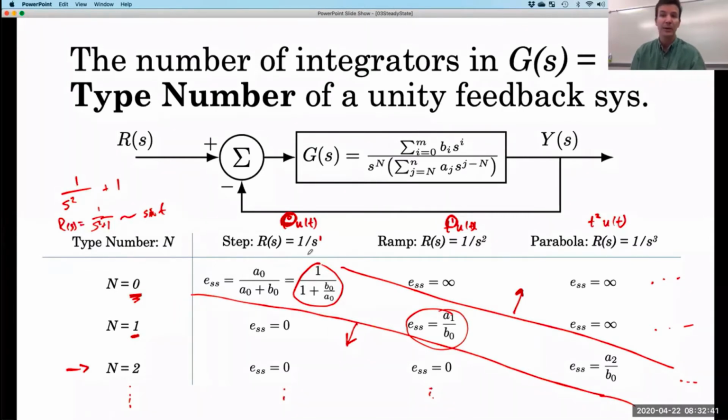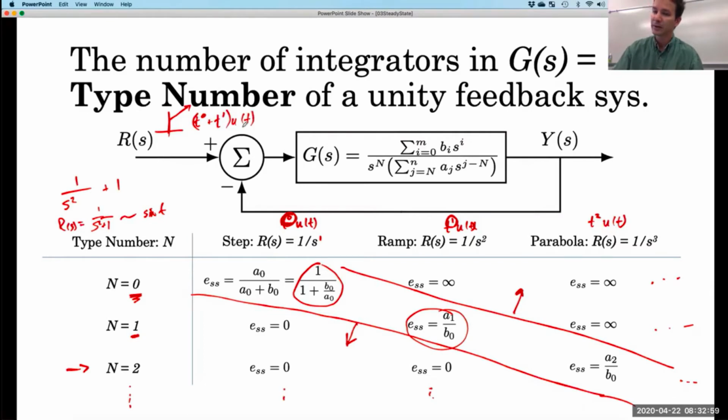Well, you can sometimes decompose if your input in the time domain has both a step and a ramp character. Then you are free to model this as t to the 0 plus t to the 1, times u of t.